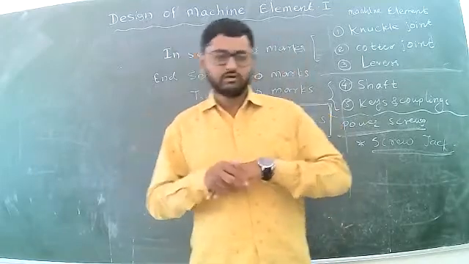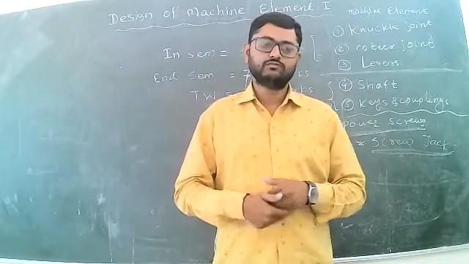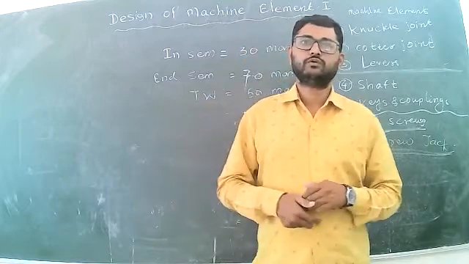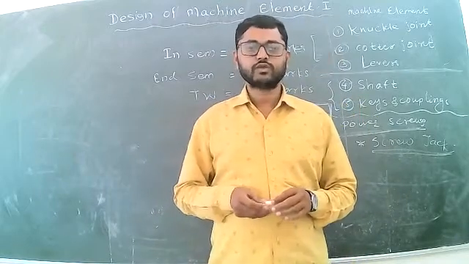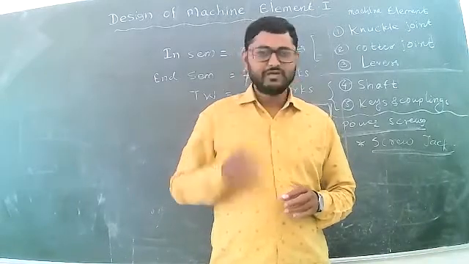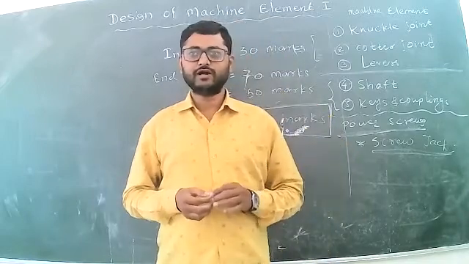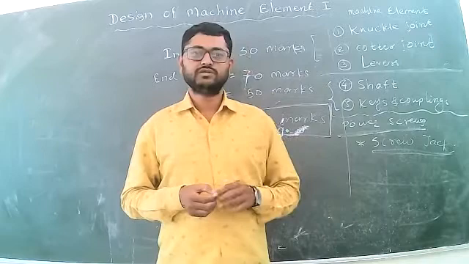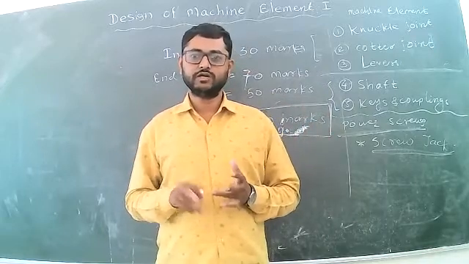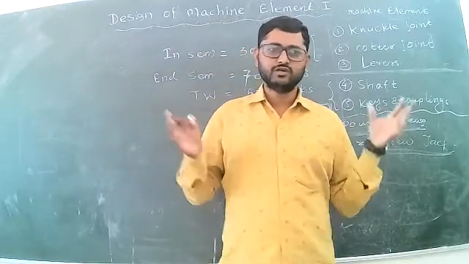Students, there are some books you have to refer to. V.V. Bhandari is the best book to refer to. This subject is totally based on numerical problems. In Bhandari, the other concepts belong to the Design of Machine Element 2 subject: gear, bearing, sliding contact bearing, rolling contact bearing.